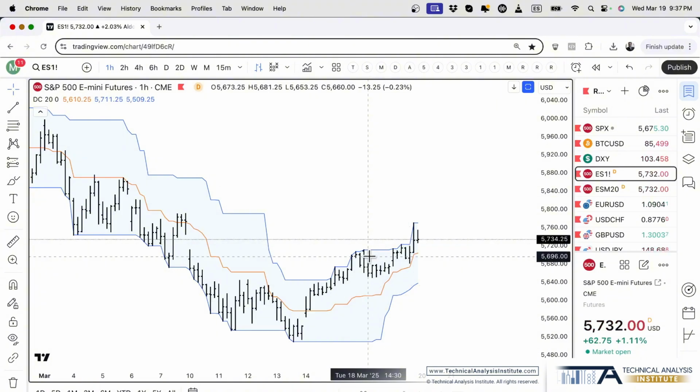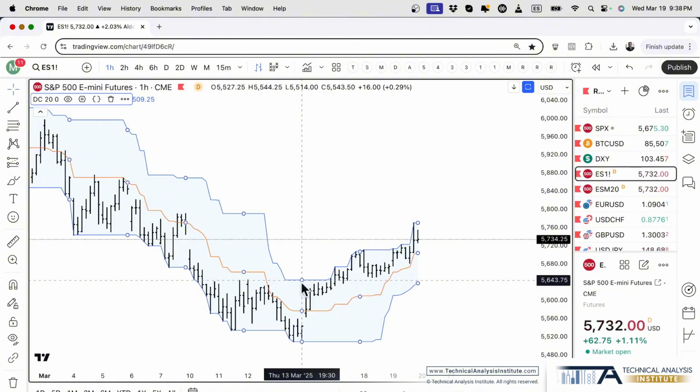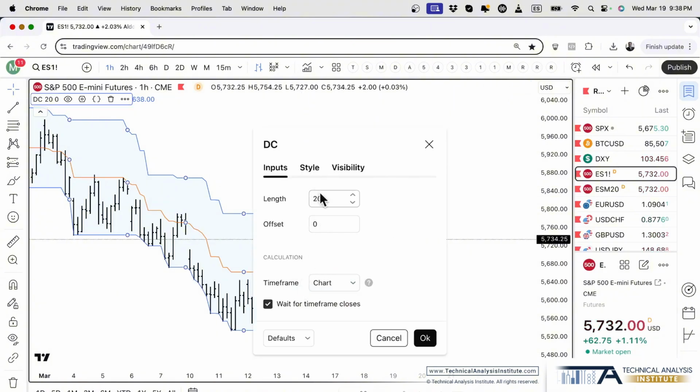If you ask me, well, how does it work on sideways markets? Well, it doesn't work. On sideways markets, it doesn't work. And the reason is very simple. It's a trend following indicator. It's intended for trend following. So in sideways markets, you may have these false breakouts, right? And if that is the case, typically the period that is used is the 20 period.